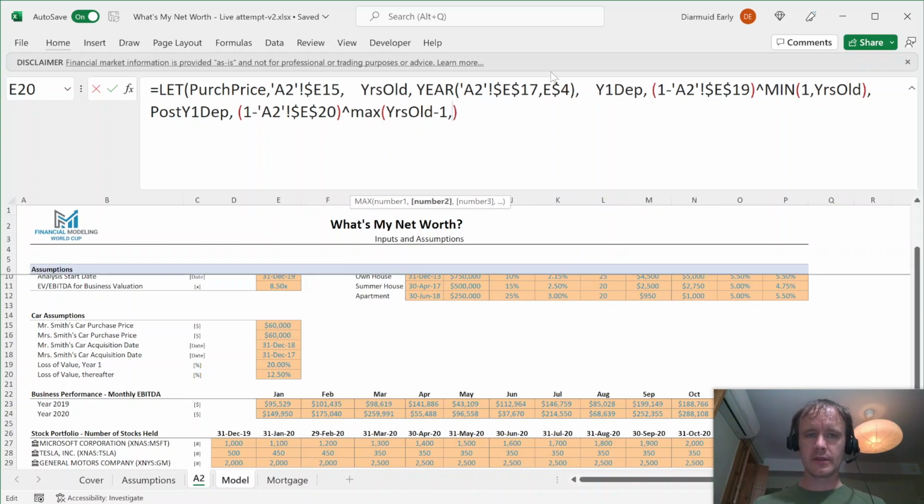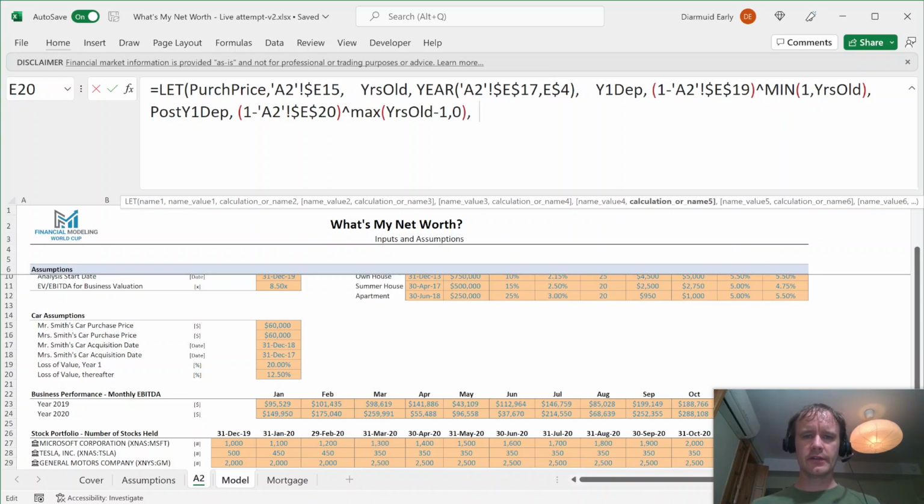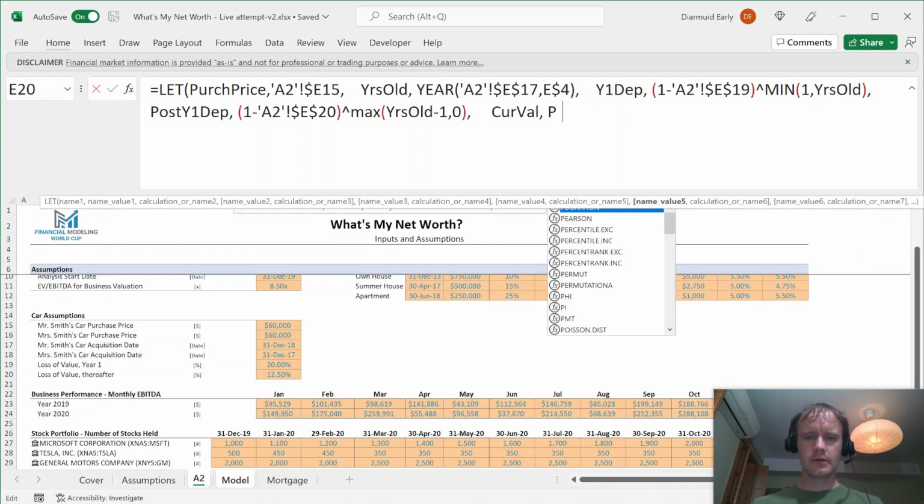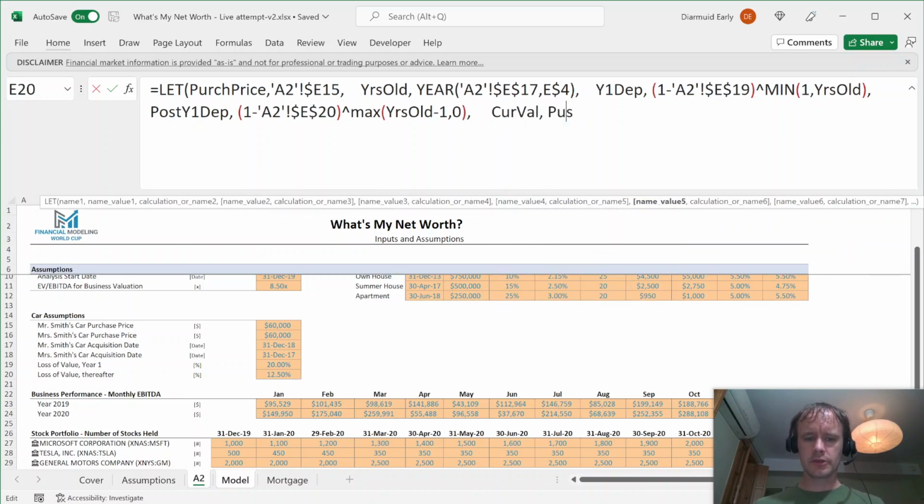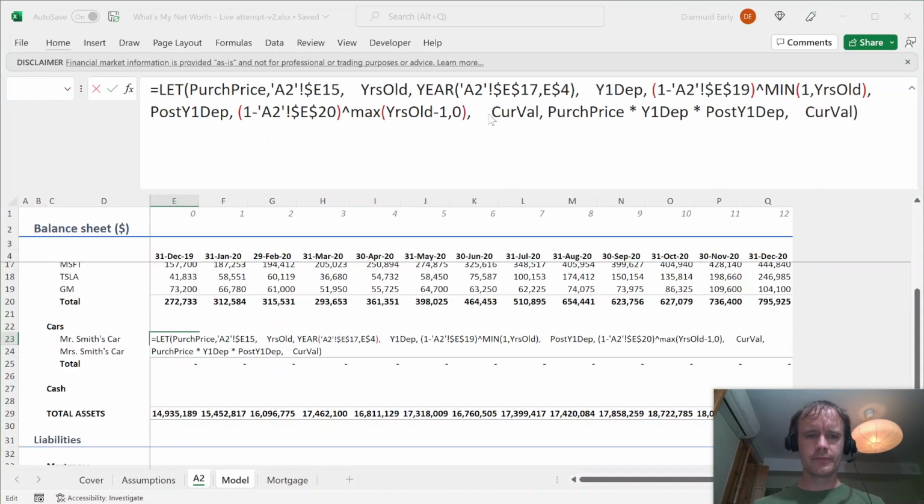So we're just going to say the max of that and 0. So that's my depreciation, and then my current value, curval, is going to be purchase price, I can spell, times year 1 depreciation, times post year 1 depreciation. That's it. And then I want to output current value.